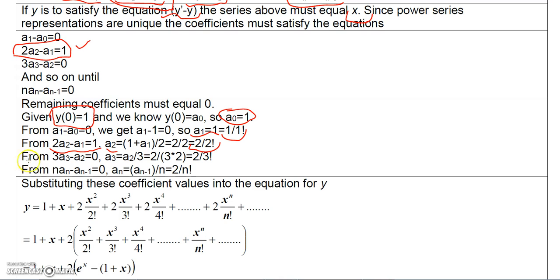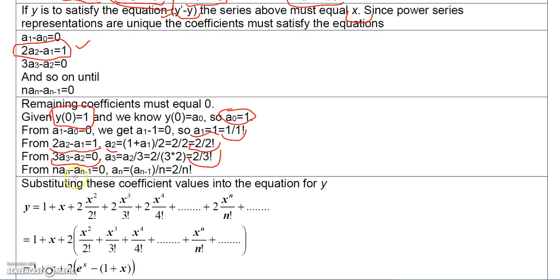Okay, now as far as 3a3 minus a2 equaling 0, if I solve that for a3, I get a3 equals a2 over 3. And then since we know that a2 is actually 2 over 2, we can multiply this by 2 over 2 and get 2 over 6, which actually can be written as 2 over 3 factorial.